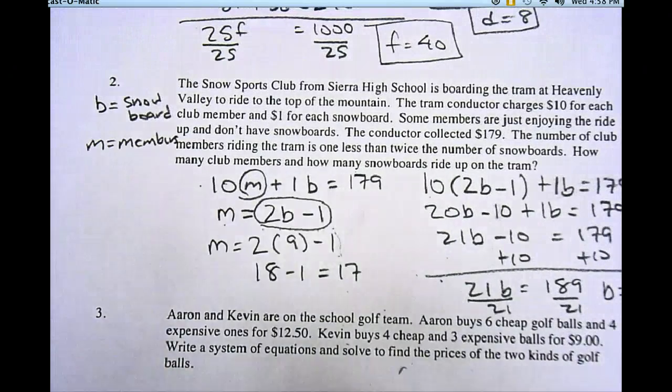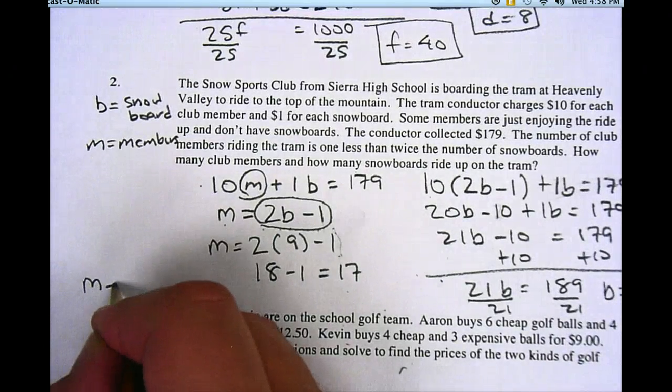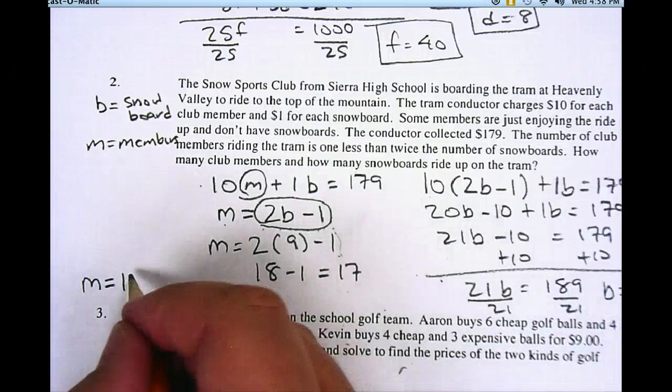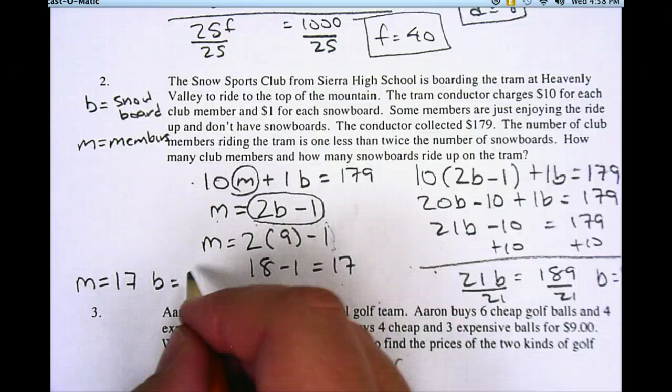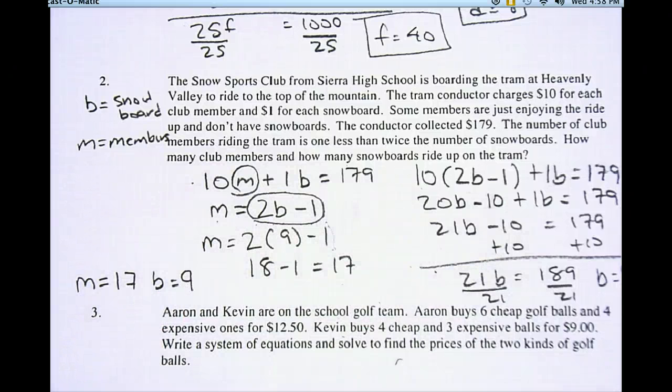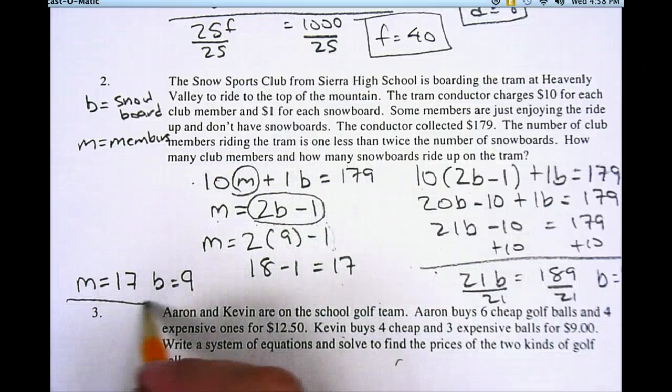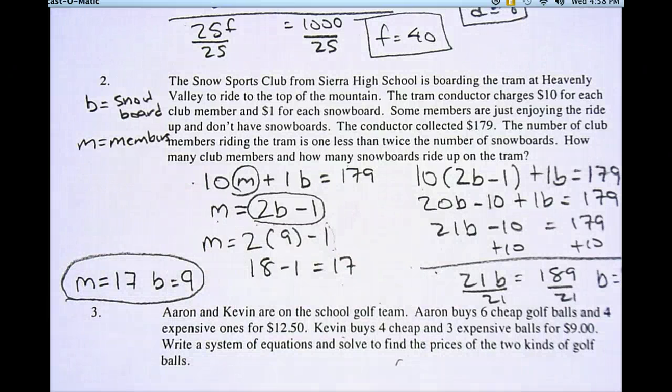So my club members is equal to 17, and my boards are equal to 9. And that is how I solve that problem. Hopefully, that helped you with the first two problems on this system of equations.